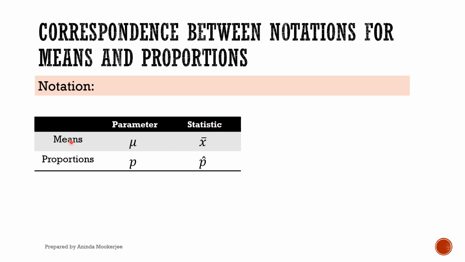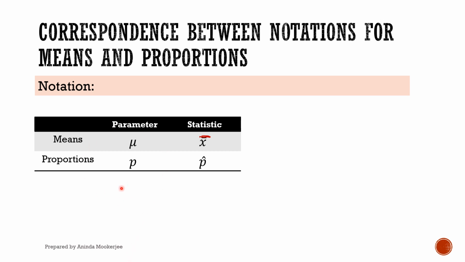So when we talk about the population mean, we use the Greek letter mu, and if we are referring to the sample mean, it's x bar, x with a bar over it.